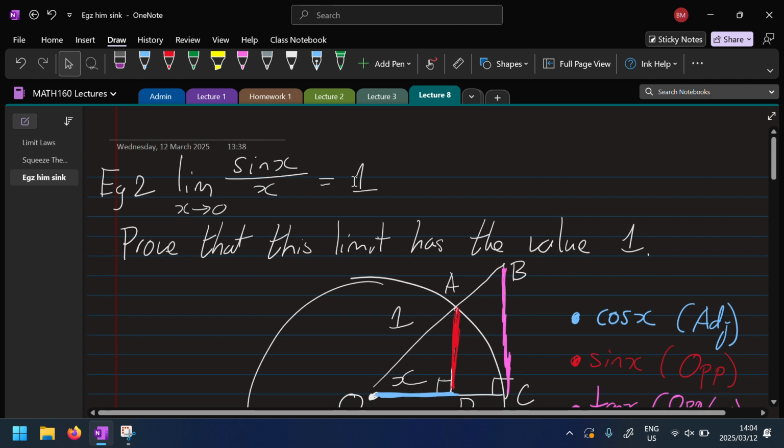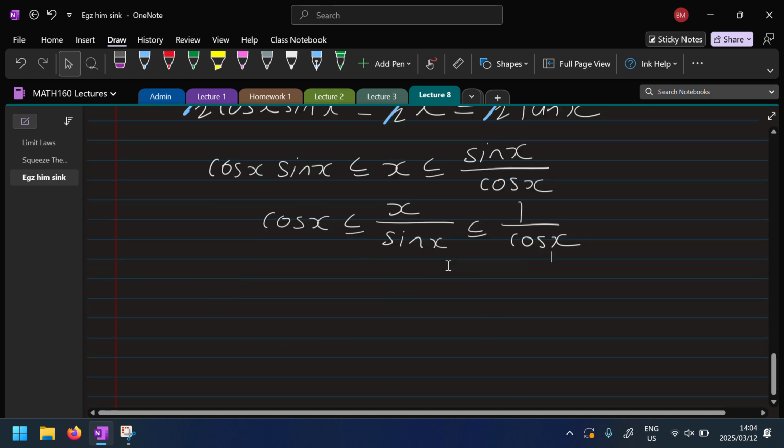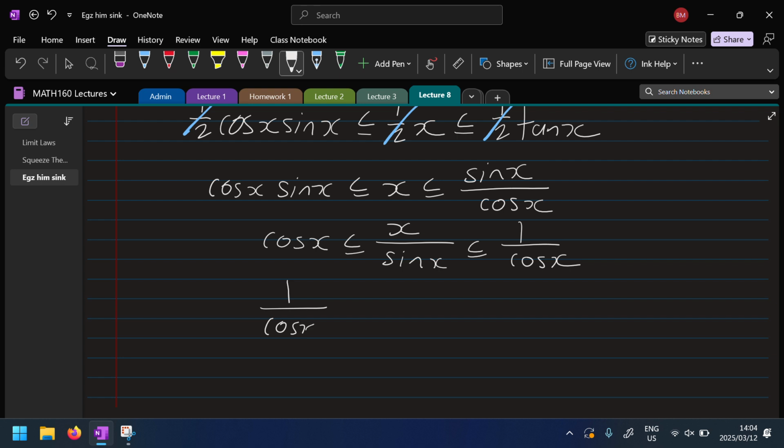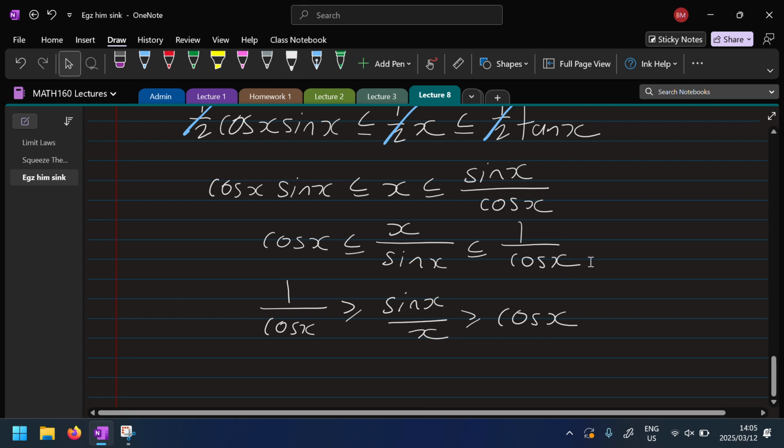What we really want is sine x over x. So let's flip everything. So we're going to have 1 over cos x is greater than or equal to sine x over x greater than or equal to cos x. So I've just flipped everything. Remember the inequality flips when you do 1 over that thing. So 2 is less than 3, but if you flip it, then a third is less than a half.